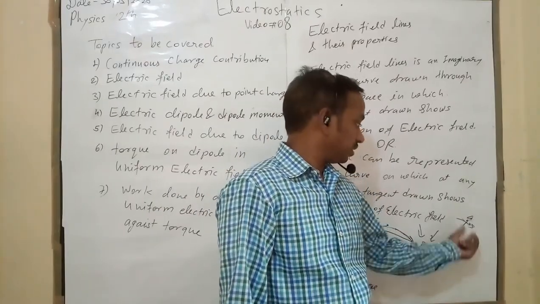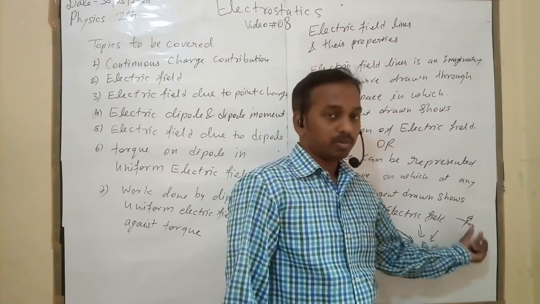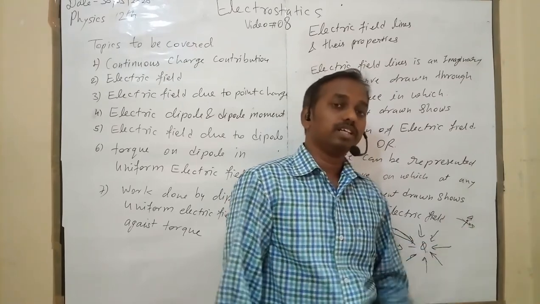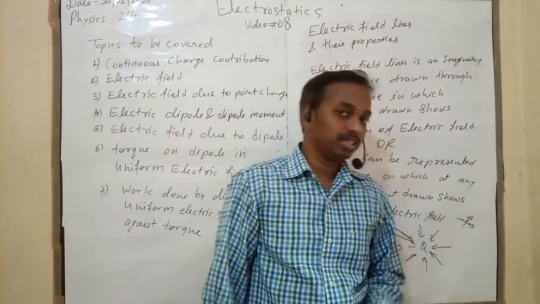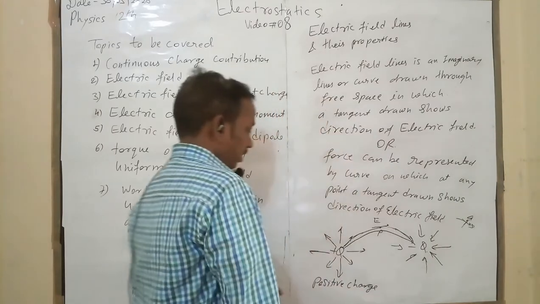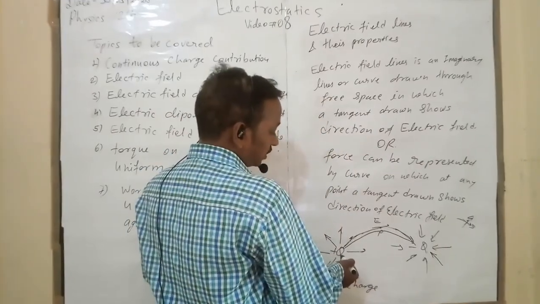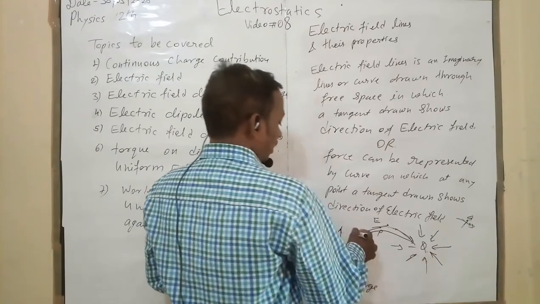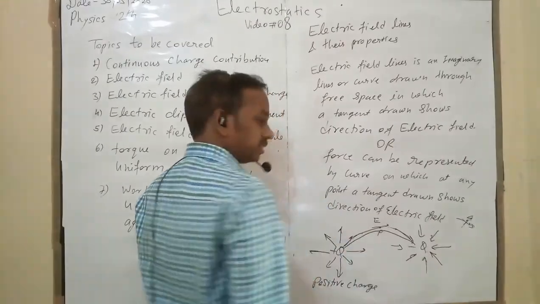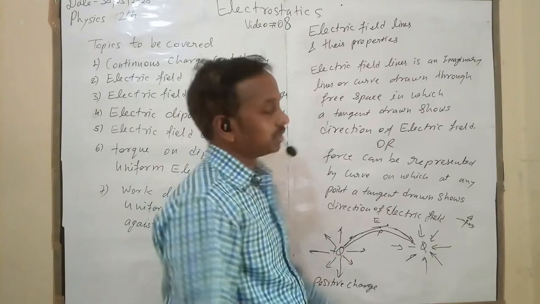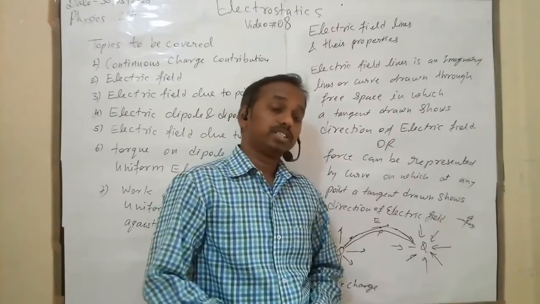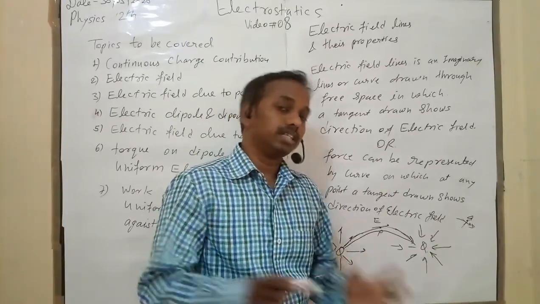This is not possible, because the electric field is a vector quantity and has only one direction. Electric field lines are dense near the charges and rare away from the charges. These are some properties which are asked in exams.